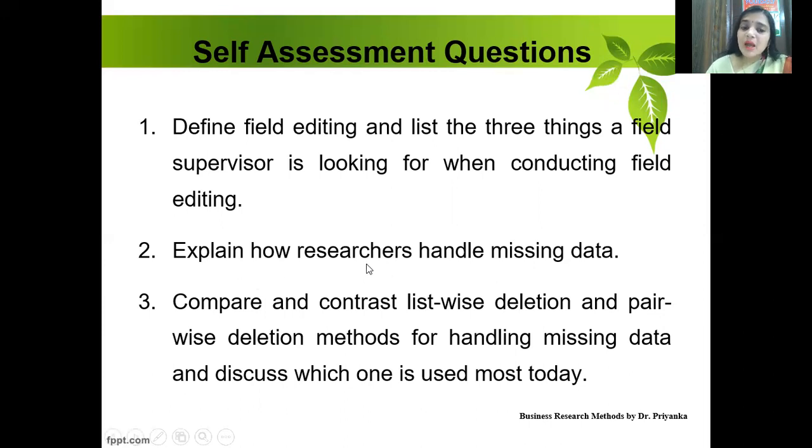Second is explain how researchers handle missing data. There are a lot of techniques to handle missing data. In many situations, the decision rule is to do nothing with the missing data and simply leave the item blank. However, when the relationship between two questions is important, the editor may be tempted to insert a plug value. If so, several choices are available. For example, first, as we have already discussed, leave the response blank. Second is plug in alternate choices for missing data.